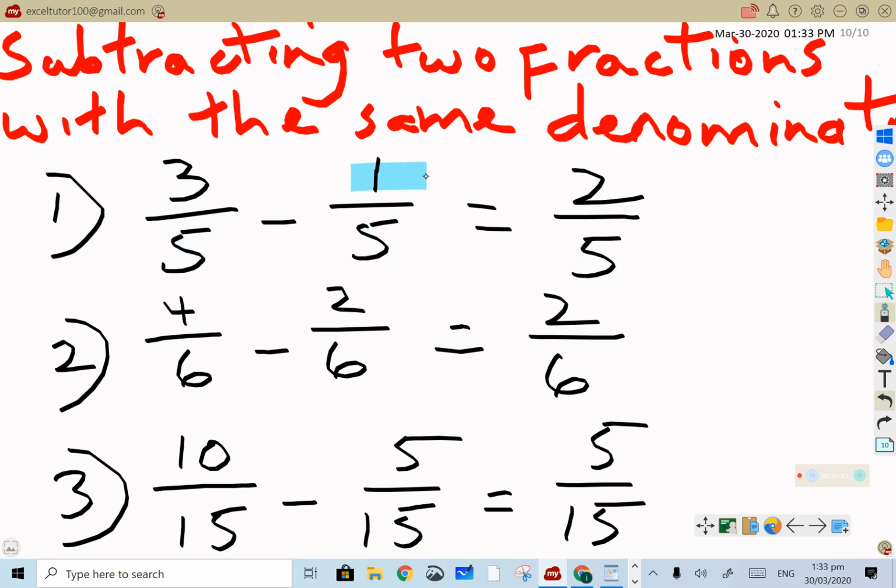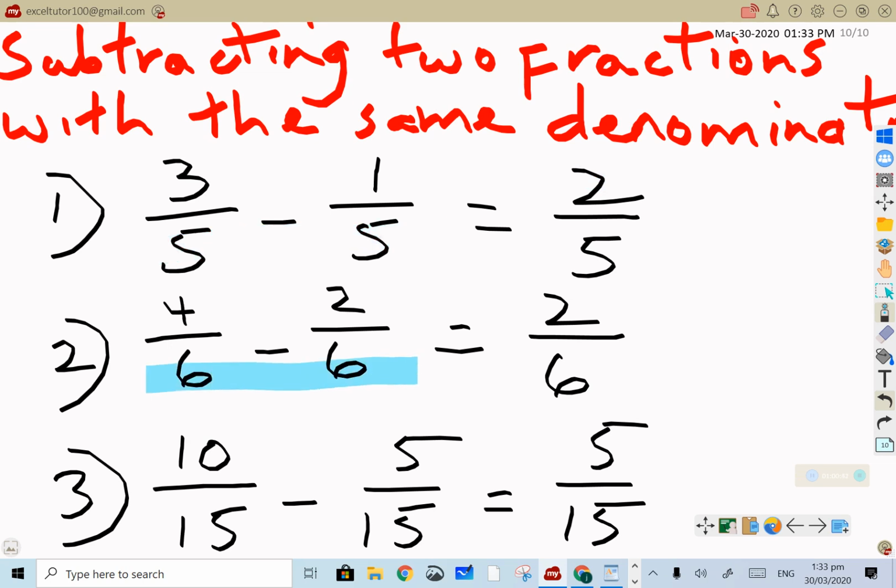We minus the second digit from the first digit like any other subtraction, and we get our numerator. So we keep the same denominator. Our numerator is where we do the subtraction and the adding. Now that can only occur if we have the same denominators.